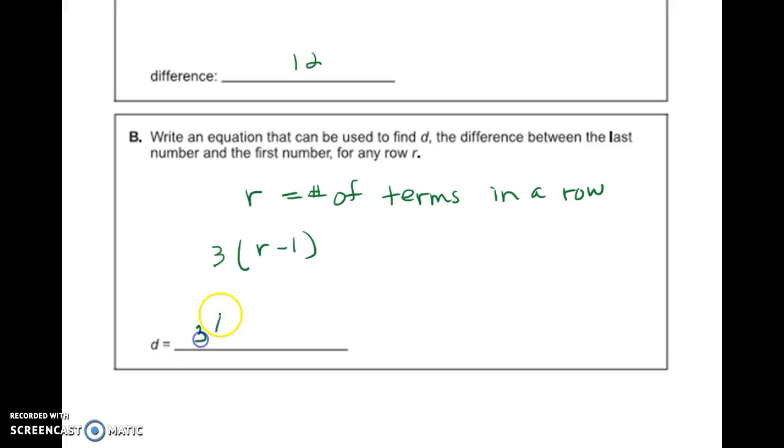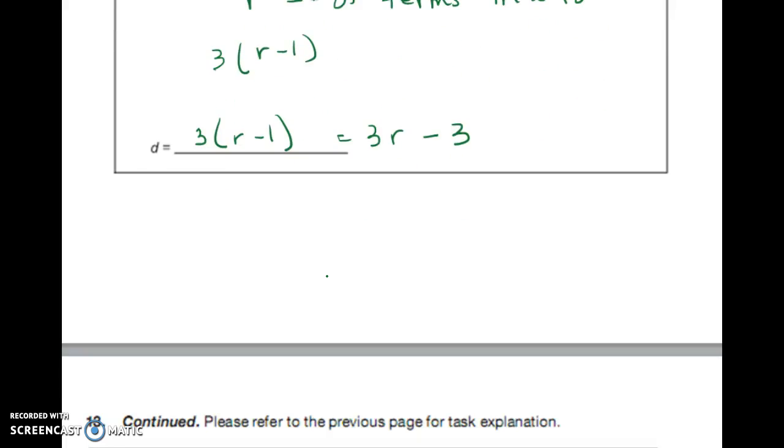So 3 times (R minus 1). You could also say 3 times the row number minus 3, because that's the same thing by using the distributive property. It may take a while for you to make that leap. Hopefully you can figure it out over time by looking at the first number and the last number in each row.